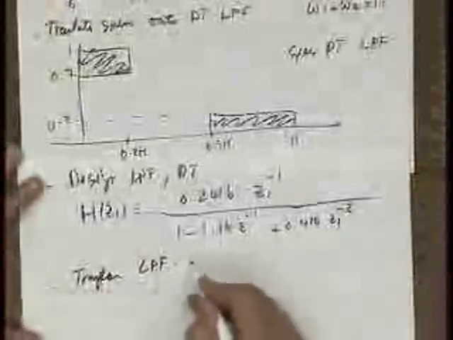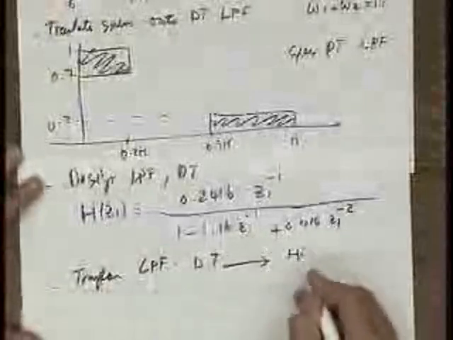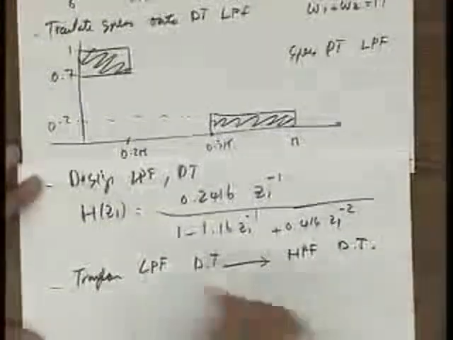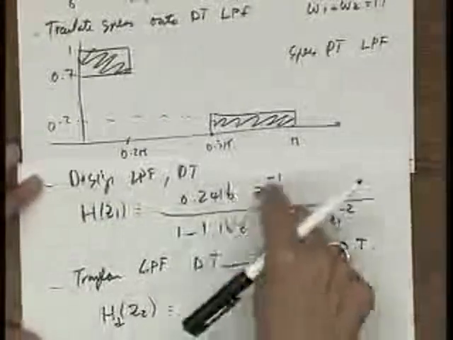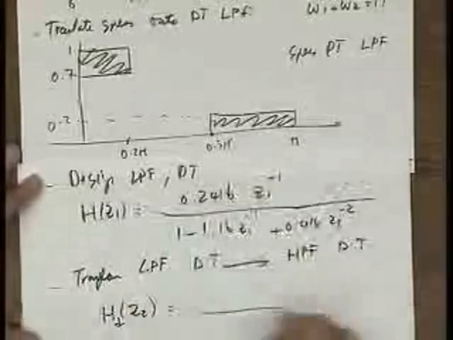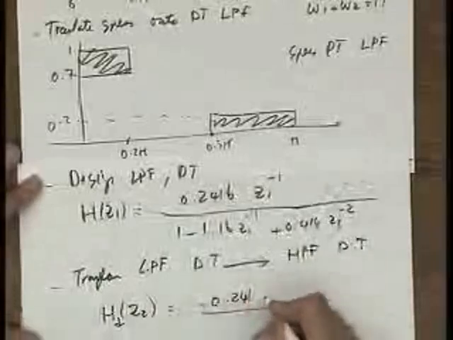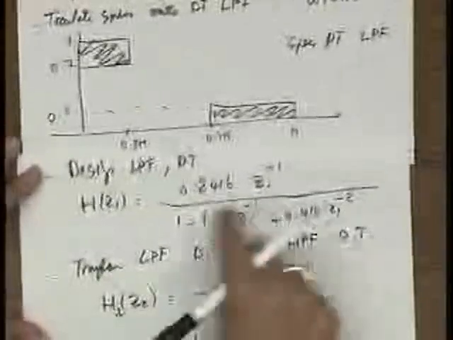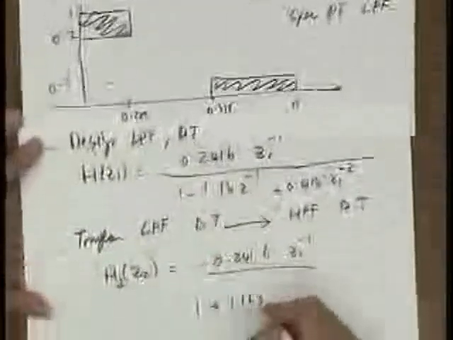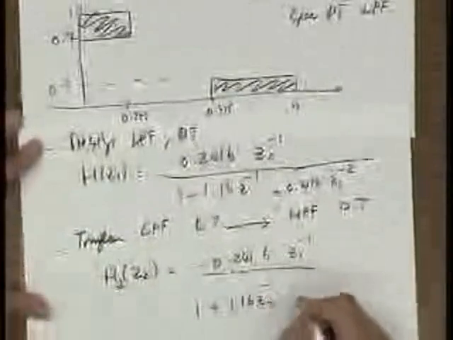So to transform the discrete time low pass filter into a discrete time high pass filter, all you're doing, so H sub d of z2, is replacing the z1s with minus z2. So you get minus 0.2416 z1 inverse. In the denominator, 1, replace z1 with minus z2, so 1 plus 1.16 z2 inverse.